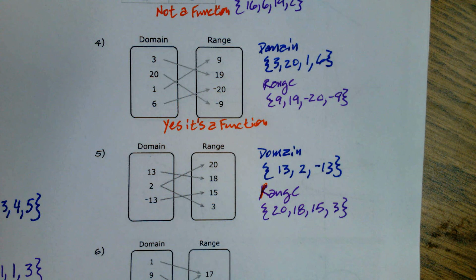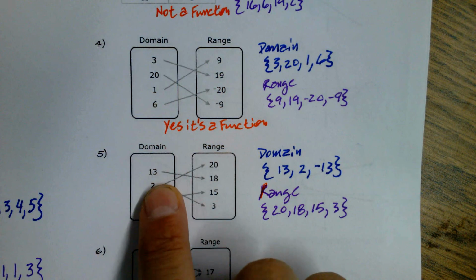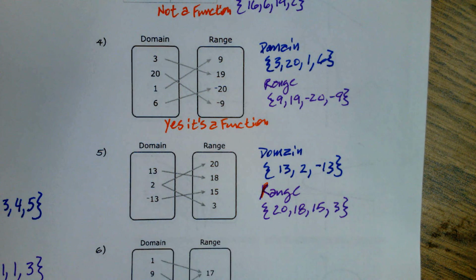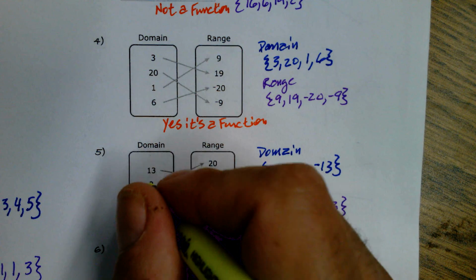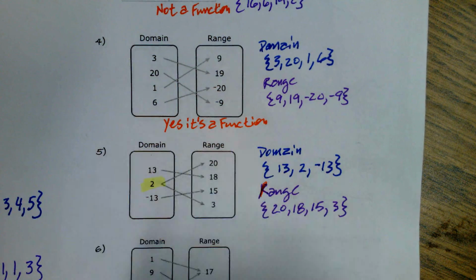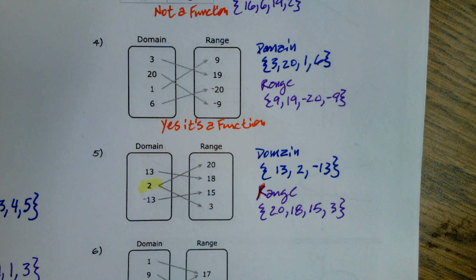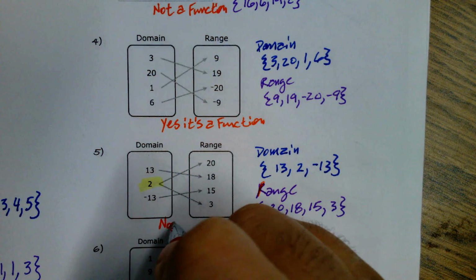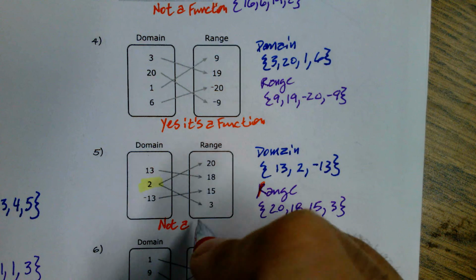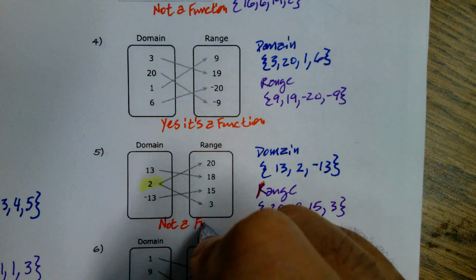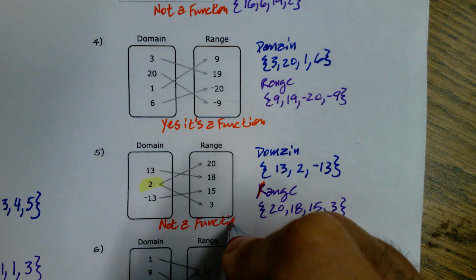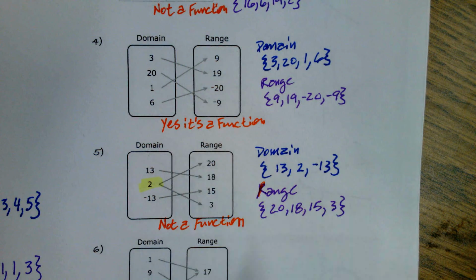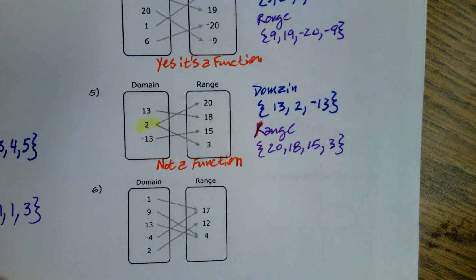What do you guys think? Yes, it's a function, or no, it's not a function? Who's cheating? 2. On these mappings, if you ever have something in the domain branching off to more than one, not a function. So this is what made it not a function. Okay? So that's not a function.